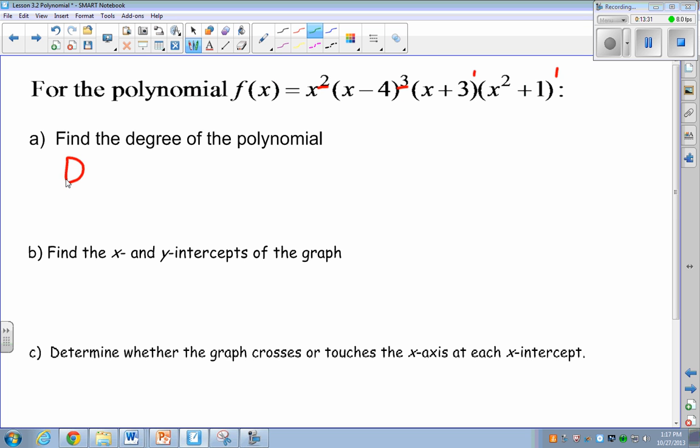A lot of you might be wondering, why aren't we adding this 2 right here? For right now, we're not going to worry about adding that 2. All we're going to be worried about, like I said earlier, is adding all of our exponents outside parentheses. So we have 2 plus 3 plus 1 plus 1, which is equal to 7. And so this is going to be odd. And so we're going to have some function that looks like this.